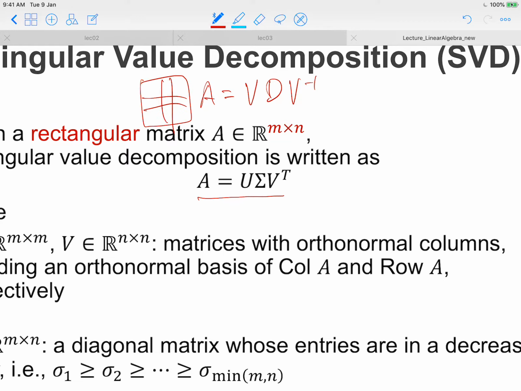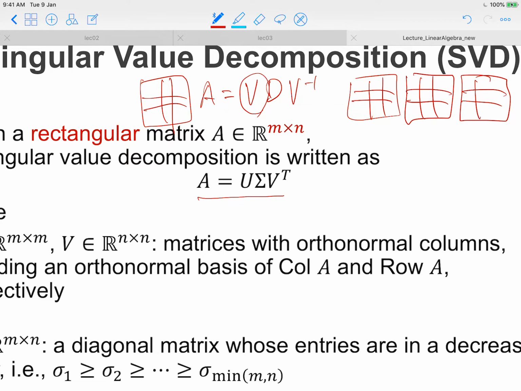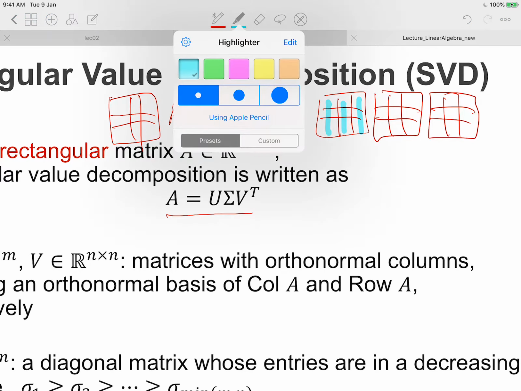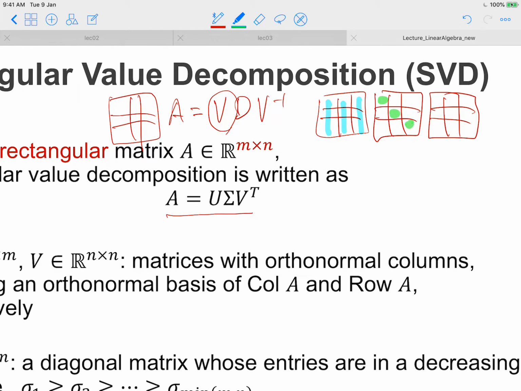Suppose A is 3 by 3. Then V is 3 by 3, D is 3 by 3, and V inverse is also 3 by 3. So where are our eigenvectors? These three column vectors are eigenvectors, and the green ones are eigenvalues. And this one is the inverse of V.